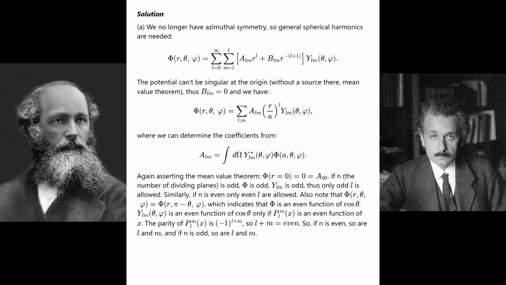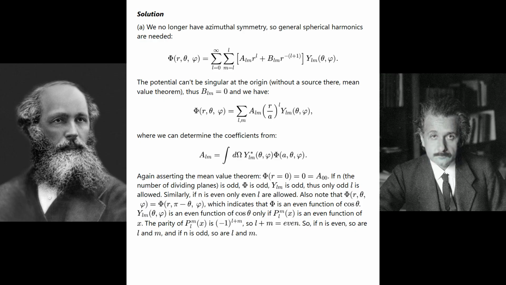Also note that phi of r, theta, phi equals phi of r, pi minus theta, phi, which indicates that phi is an even function of cosine theta. Y sub Lm of theta, phi is an even function of cosine theta only if P sub L to the mth power of x is an even function of x. The parity of P sub L to the mth power of x is -1 raised to the L plus m power, so L plus m equals even.